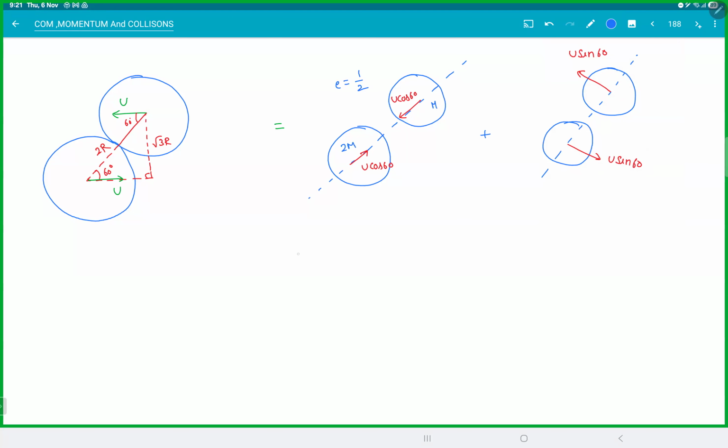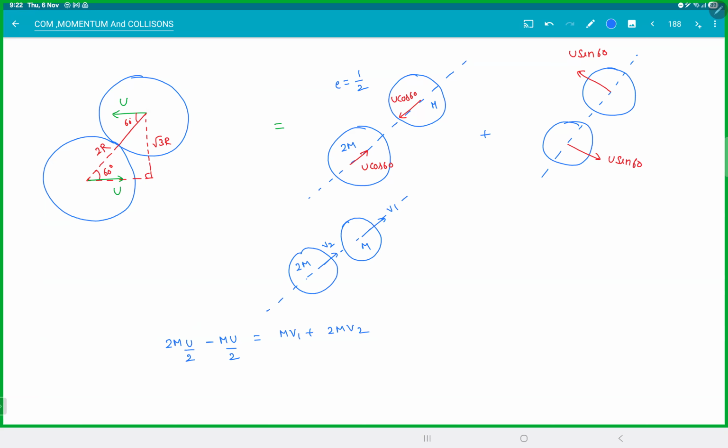So after collision, let the velocities be v1, v2. Conservation of momentum along the normal, taking it as the x-axis. So 2m u cos 60, u by 2, minus m u cos 60, mu by 2, minus because both are in the opposite direction, is equal to mv1 plus 2mv2.